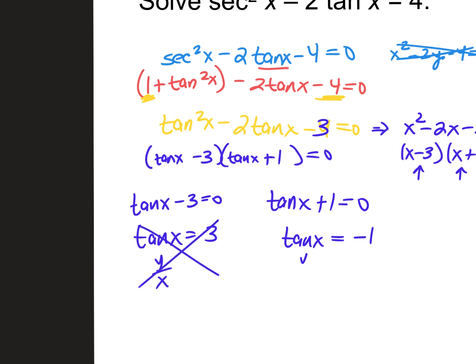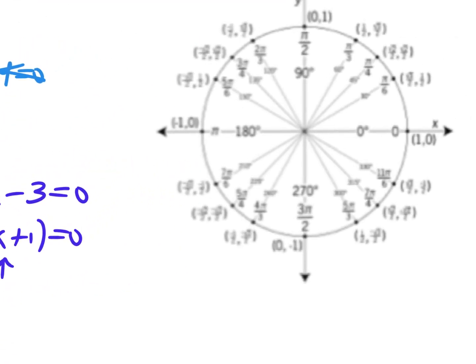So I look over here, y over x. Is there any place on the unit circle that you could take the y and put it over the x and get a negative 1? Where would that be? To get a negative 1. First of all, guys, how would you do division and get a 1 or a negative 1? It'd have to be the same number, correct?